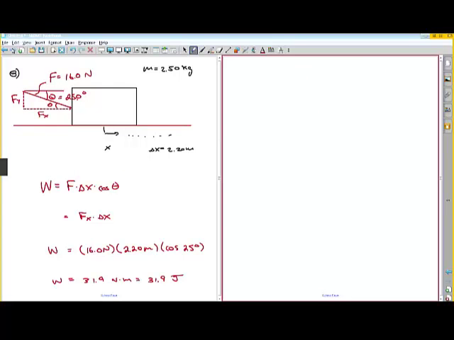Part B says the normal force exerted by the table. So let's draw another picture, which is the same block, but we're going to show the forces acting on this. And because we're not rotating, they all kind of meet in one place.